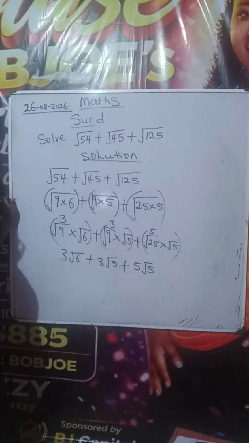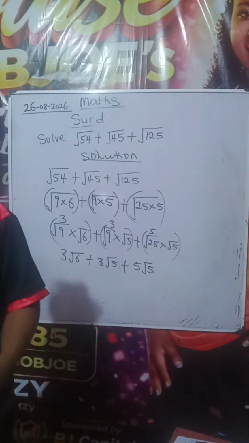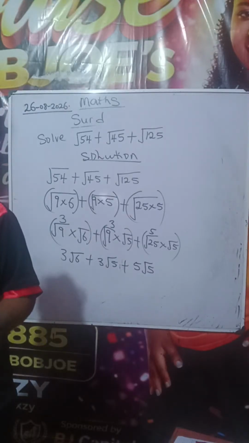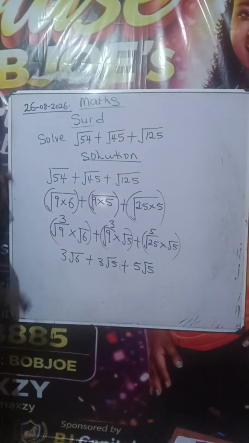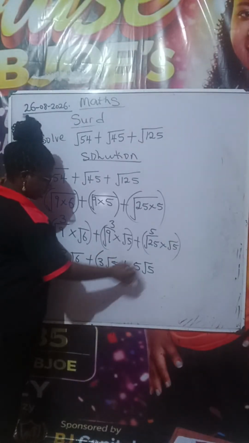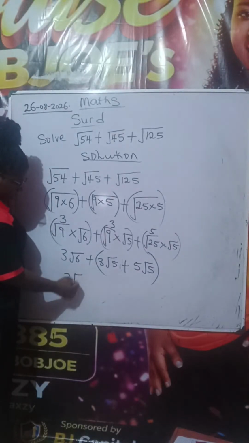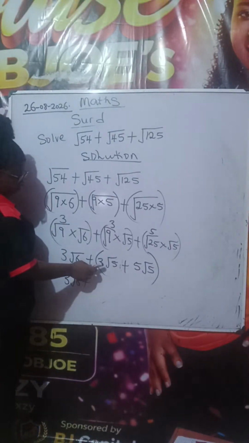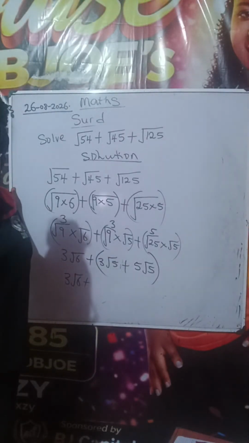Then what next again? Now, can we add it? Can we add everything? Is it possible? Everything is not in the same root. Look at it. Root 6. So this and this can be added, but this one we can't add. We have 3 root 6 plus 3 root 5 plus 5 root 5.